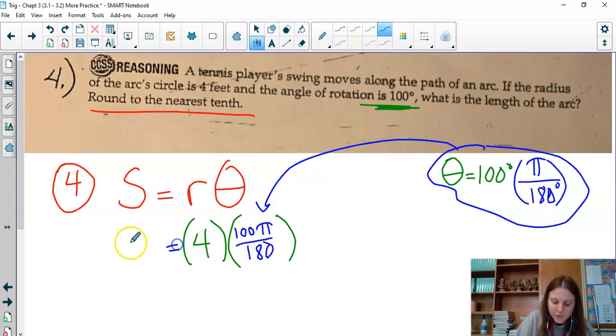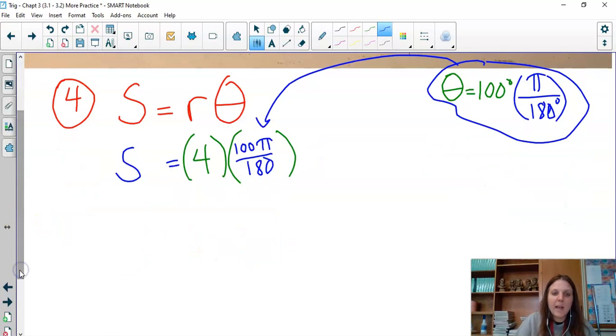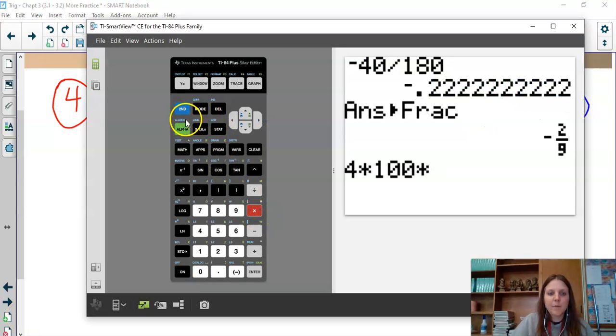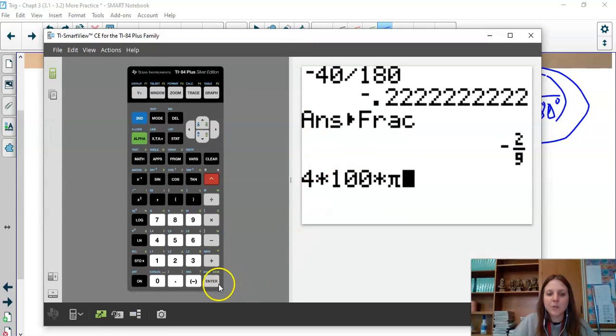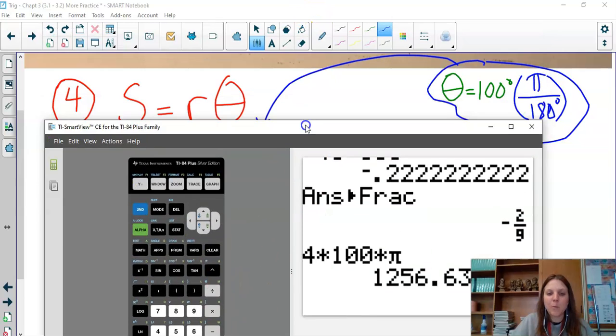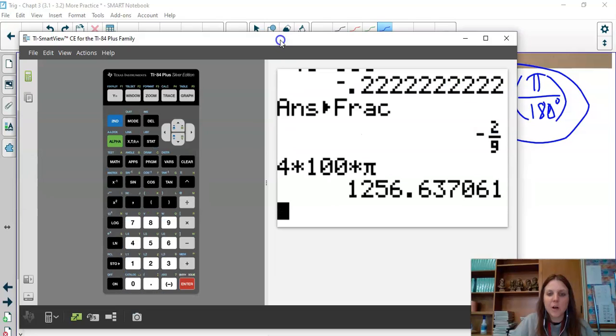So I'm going to just do that. I'm going to multiply 4 times 100 times pi, hit enter, and then divide by 180. If you've forgotten how to put in the pi, you just type second and then this little caret key. There's your pi. So 4 times 100 times pi, I'm going to hit enter, and then I'm going to divide by whatever's in the denominator, which is just 180.